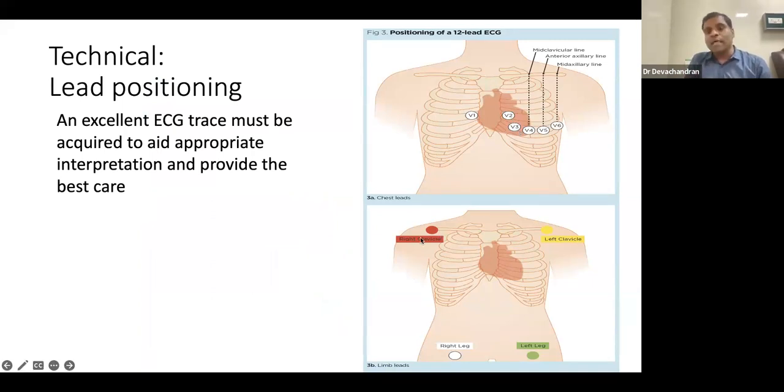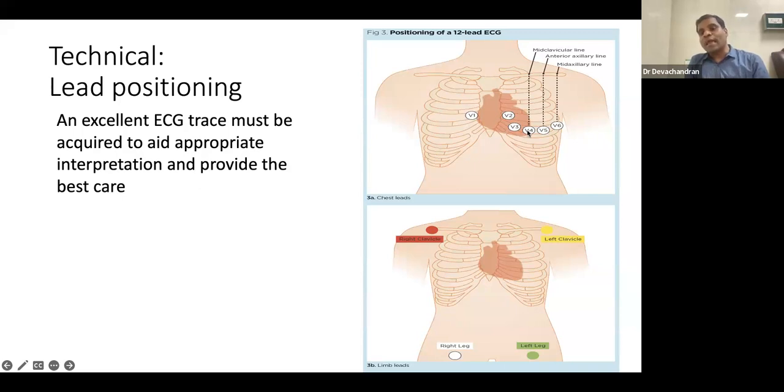There are limb leads, augmented leads, and chest leads. Let's remember the chest leads first, V1 to V6. V1 is placed on the right side of the sternum in the fourth intercostal space. V2 is directly opposite on the left side in the fourth intercostal space.